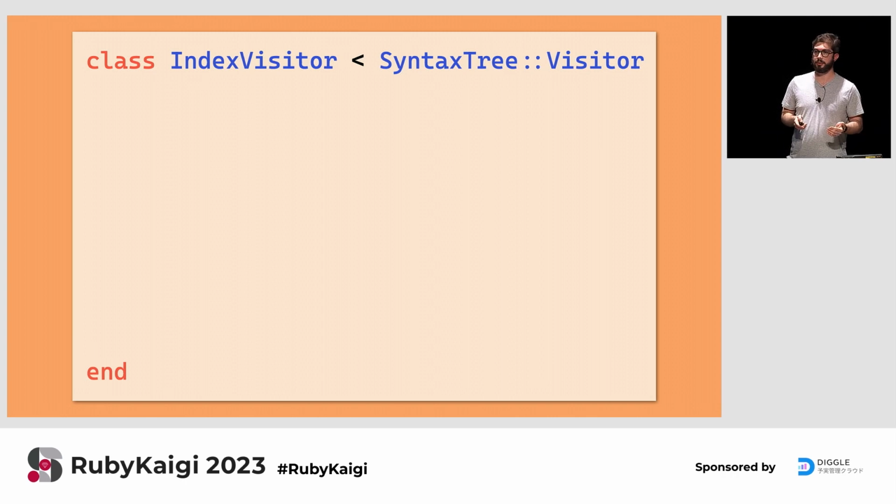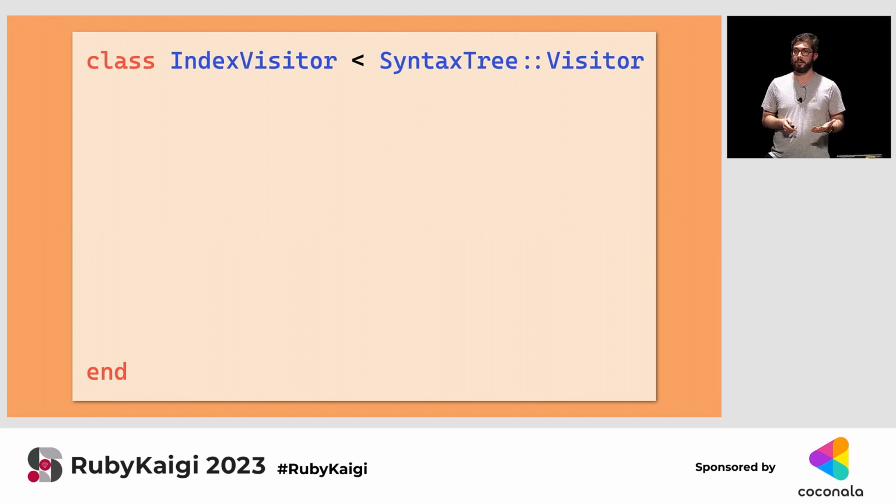Syntax tree is the gem that is the base for the Ruby LSP. If you haven't used it, it's a gem with many parsing and AST utilities for Ruby. And one of them is the visitor implementation. So if you inherit from syntax tree visitor, you get all of the visiting functionality out of the box. And all you have to do is define custom logic for the nodes that you're interested in.